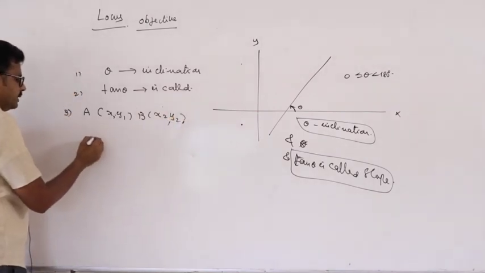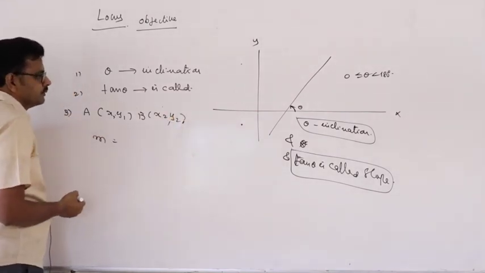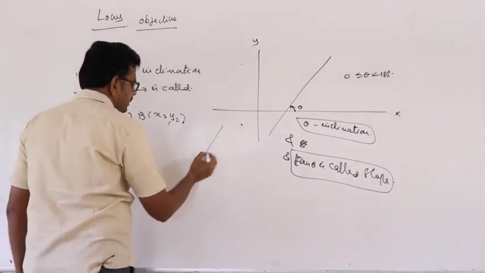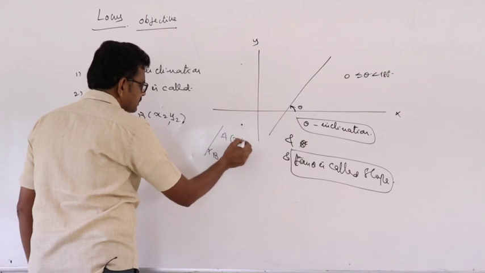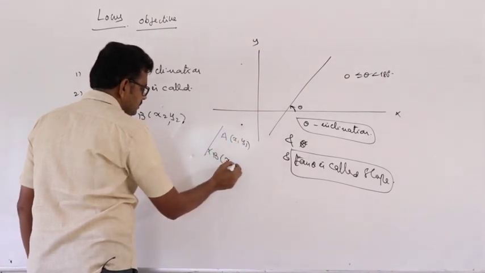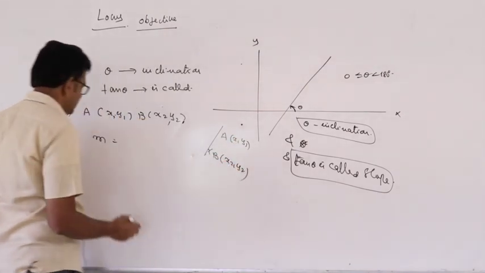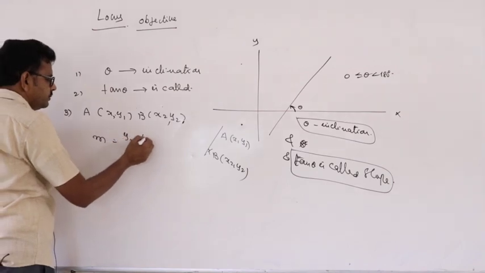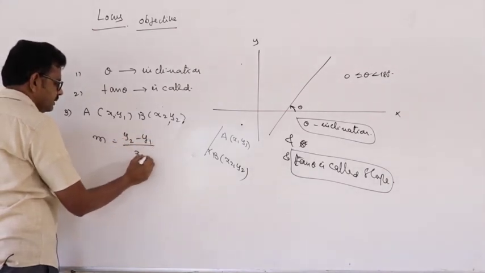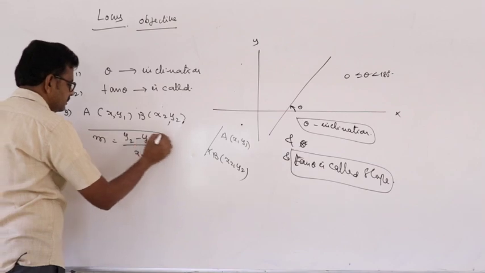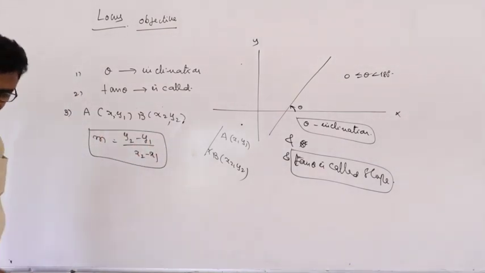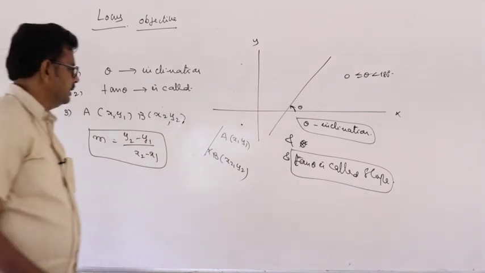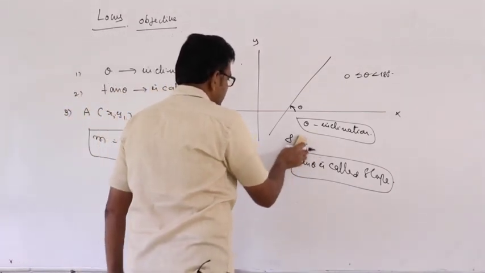Now the slope of the line joining the 2 points. How to find the slope of the line? Slope formula: m is equal to y2 minus y1 by x2 minus x1.